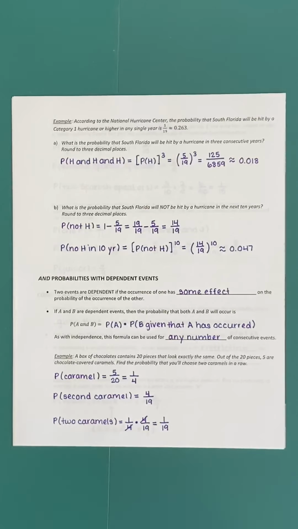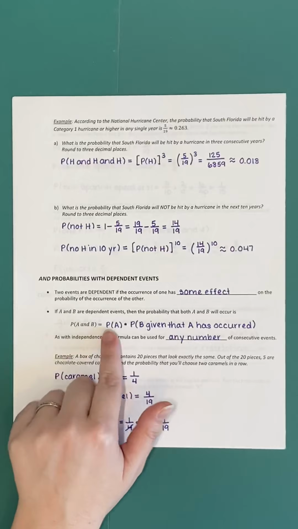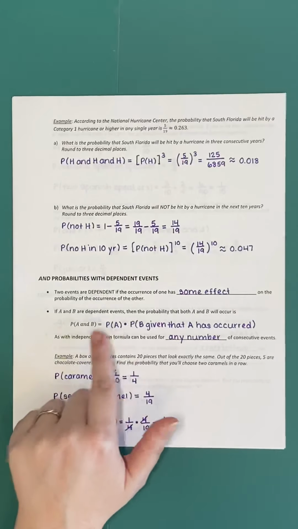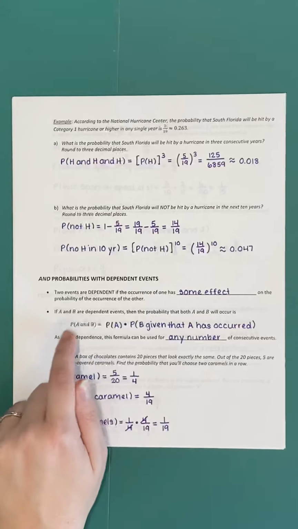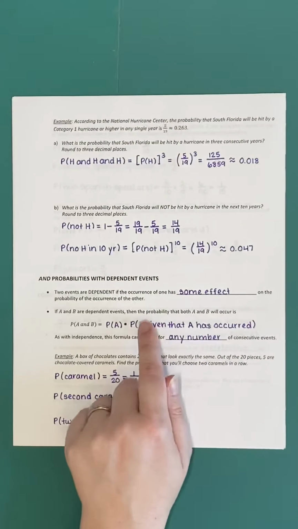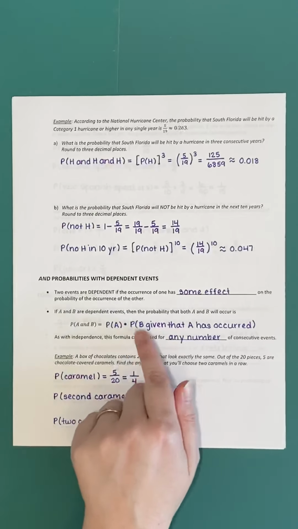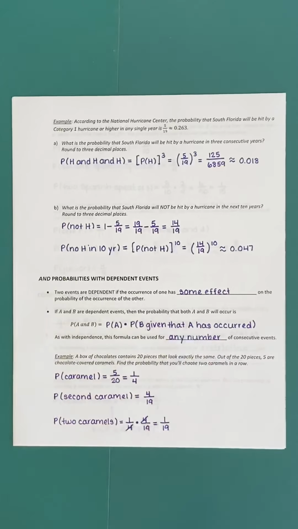So if our events are dependent, then the probability that both A and B will occur, in other words, A and then B, is going to be the probability of the first event, no changes needed. So the probability of the first event is just the probability of the first event. We're then going to multiply by the probability of the second event, but we're going to take that probability based on the fact that A has already occurred.